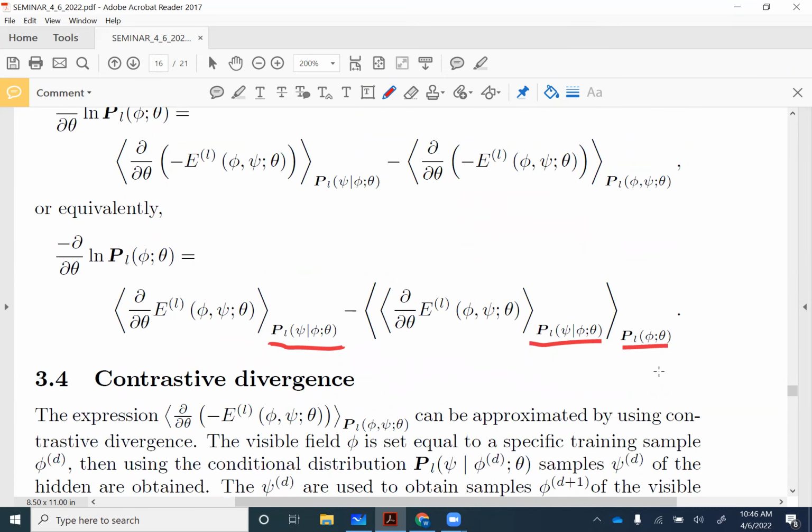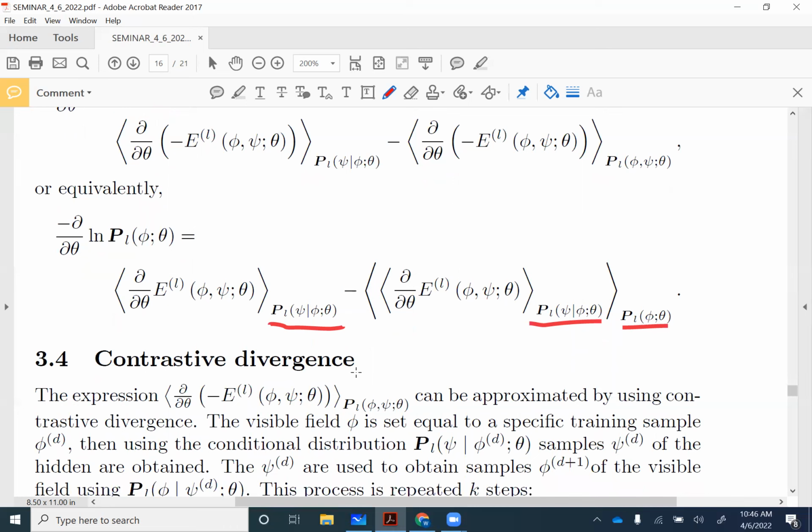Now, the practical computation of this expression is quite complicated. It's non-trivial. So there is an algorithm called contrastive divergence. By using this algorithm, it's possible to implement this calculation in a practical way. I'm going to skip this.